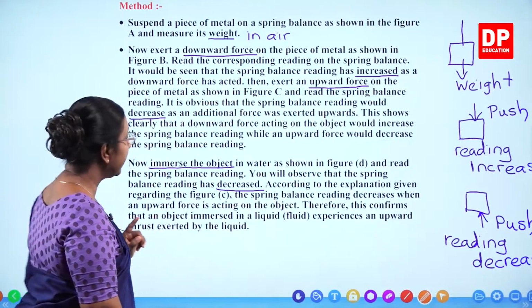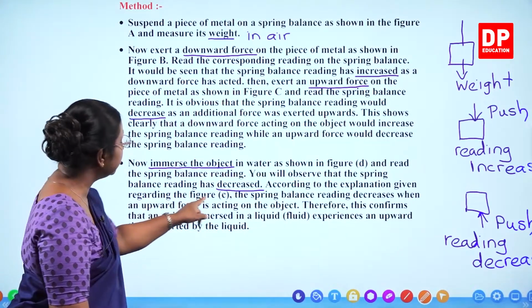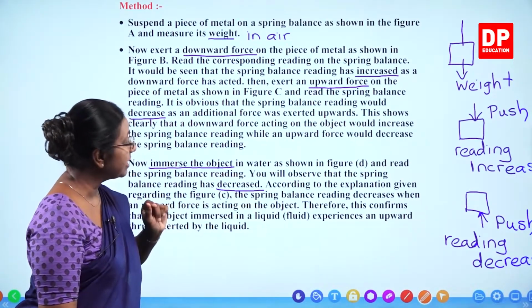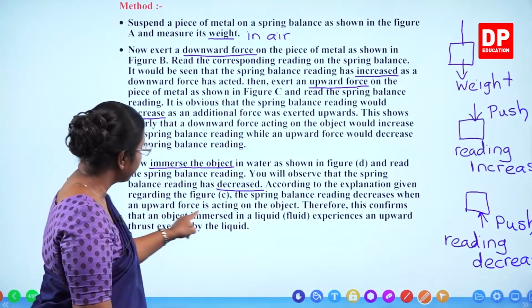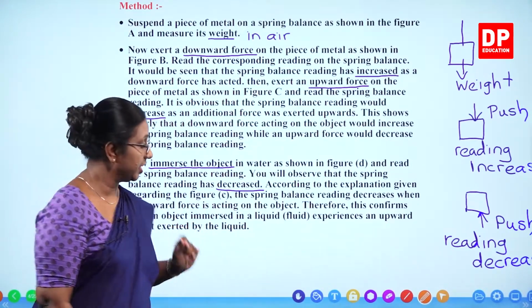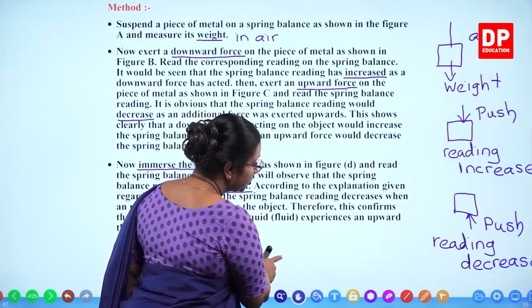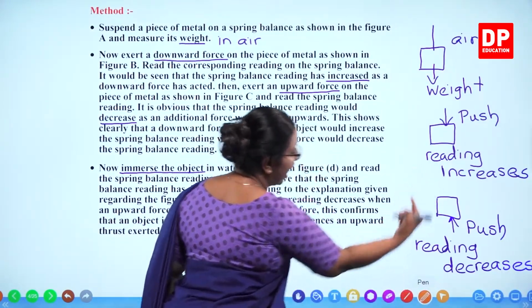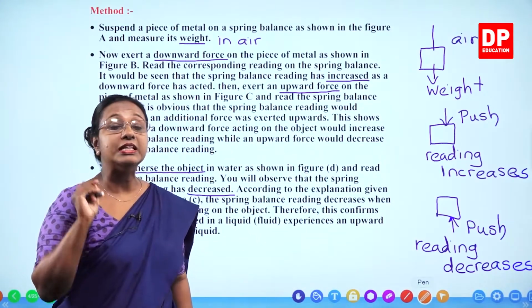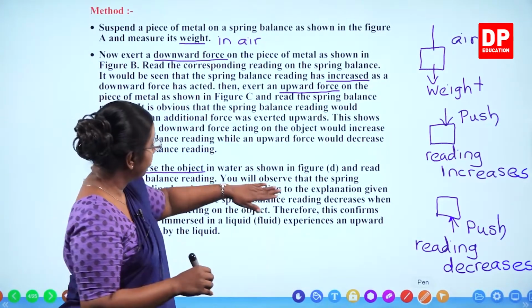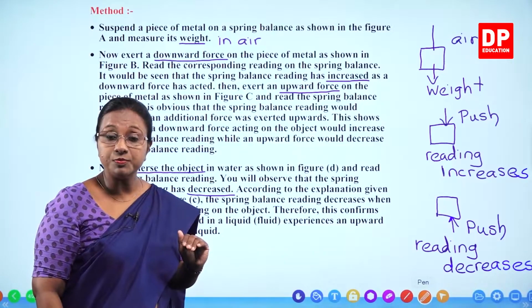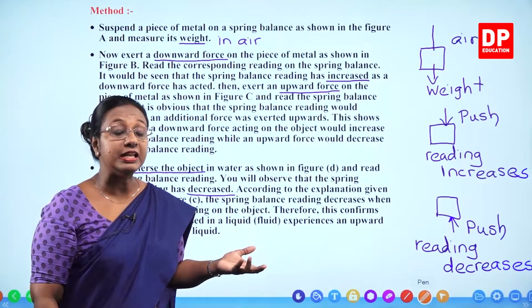According to the explanation given regarding figure C, the spring balance reading decreases when an upward force is acting on the object. So that is what I showed you all here. When we push the object upwards, the reading decreases. So when we immerse the object in water also, the reading decreases.